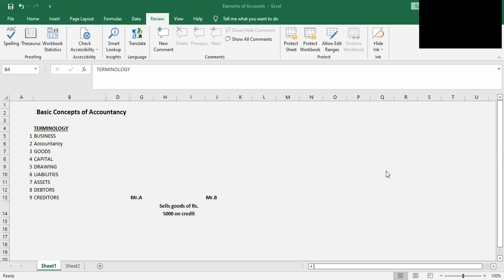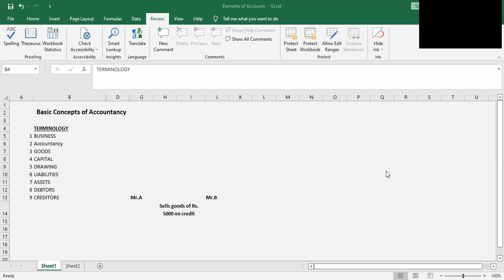Capital. Capital is any amount that is invested into the business by the businessman. Drawings. Drawings is completely opposite of capital, which means any personal withdrawals done by the businessman are called drawings.